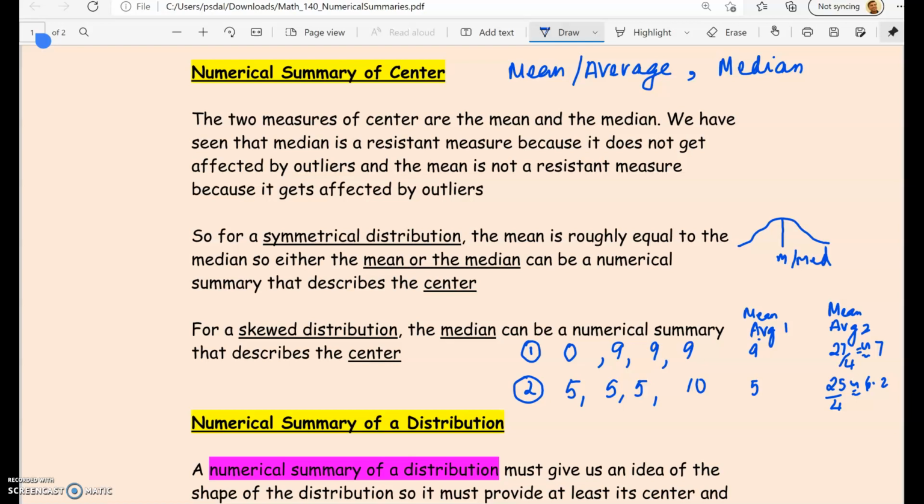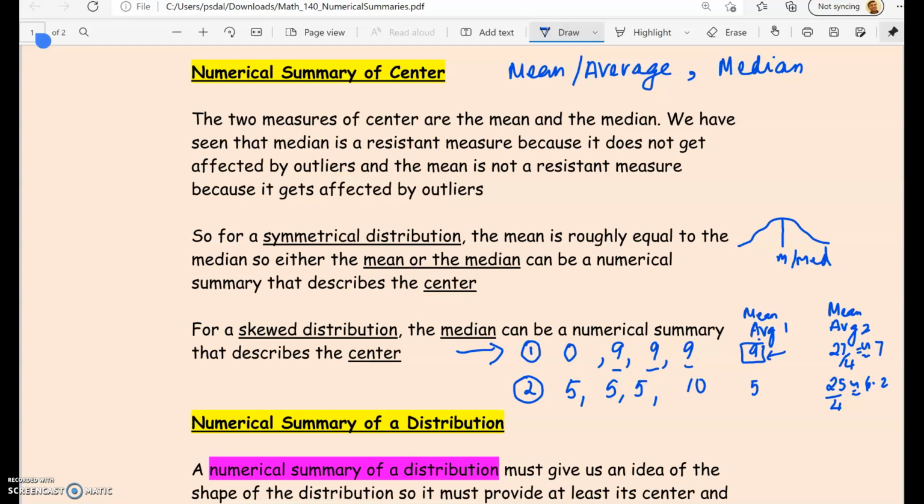Now, let's look at this first data set. For example, if you scored 9, 9, and 9 in 3 quizzes, your average at that point was 9, because 9 plus 9 plus 9 is 27, divided by 3 is 9.